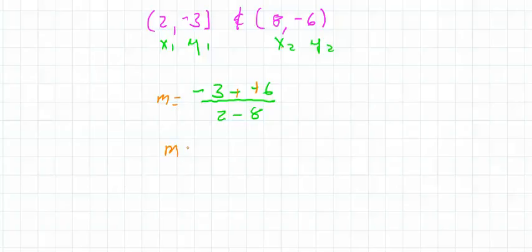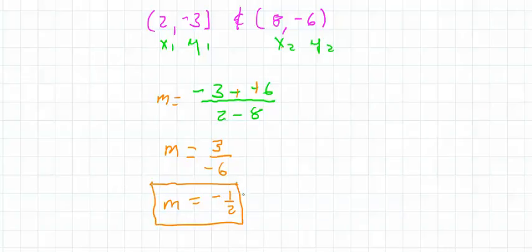So slope is equal to negative 3 plus 6 is 3. 2 minus 8 is negative 6. Move the negative to the numerator and reduce, negative 1/2. Always put the negative up front, up top, or it could go straight in the middle. And we are done. All right.